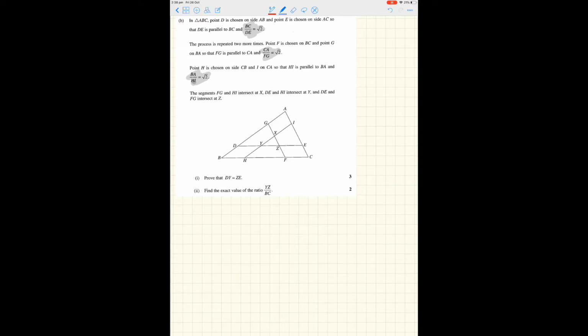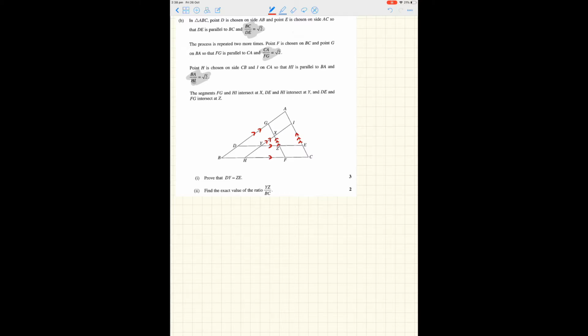Also, in this particular question, I was told that this side is parallel to this side, this side is also parallel to this side, and last but not least, this side of the triangle is parallel to this side.